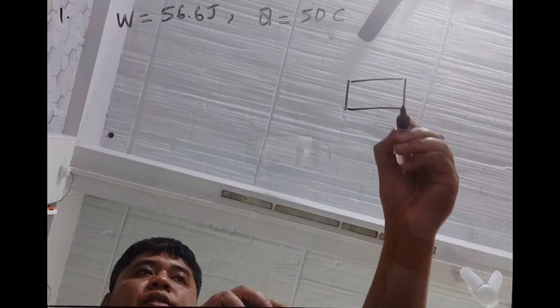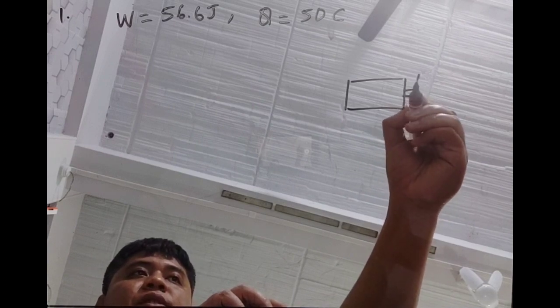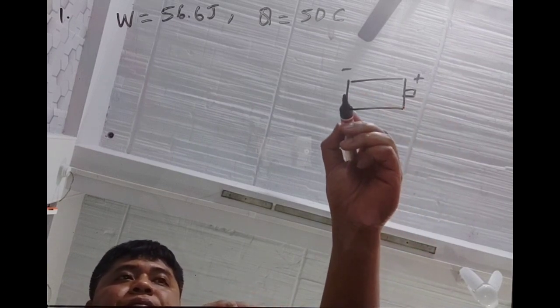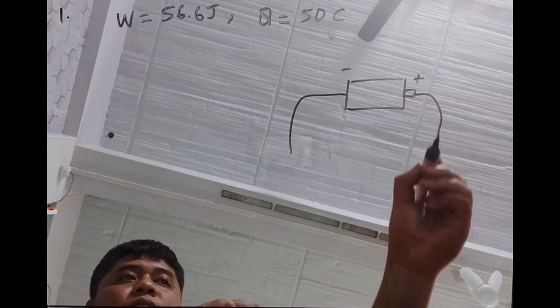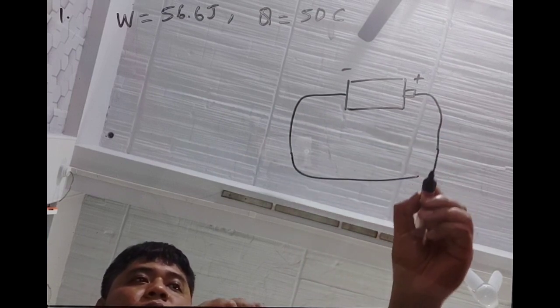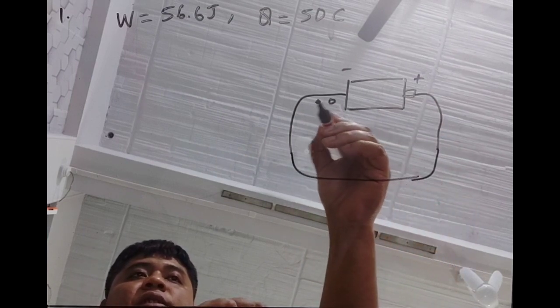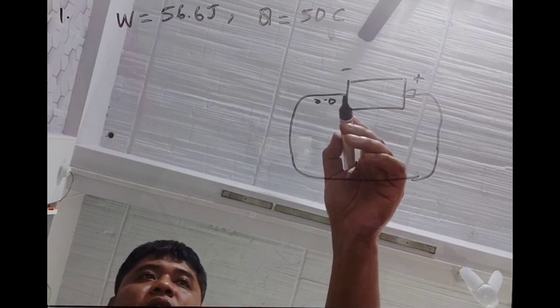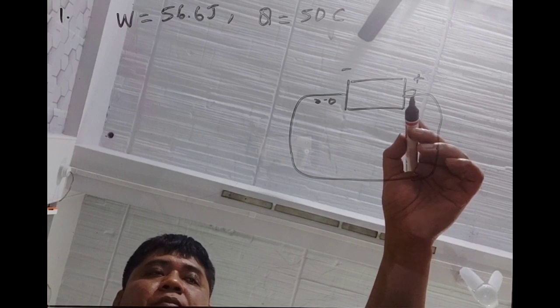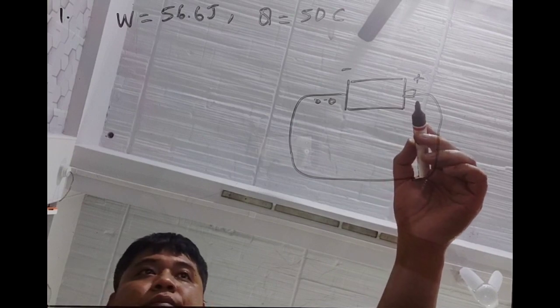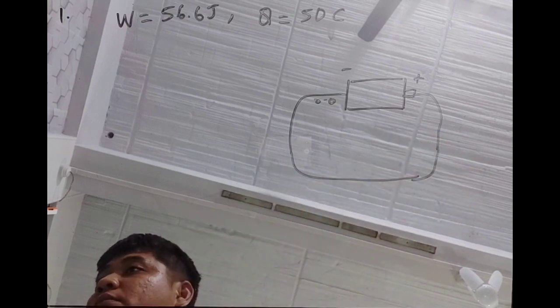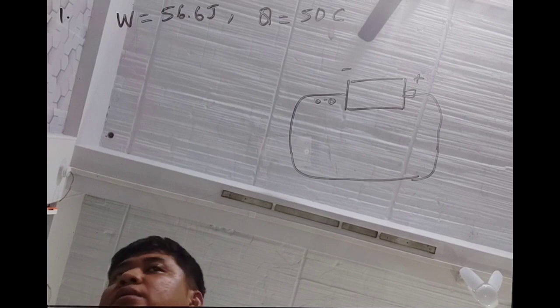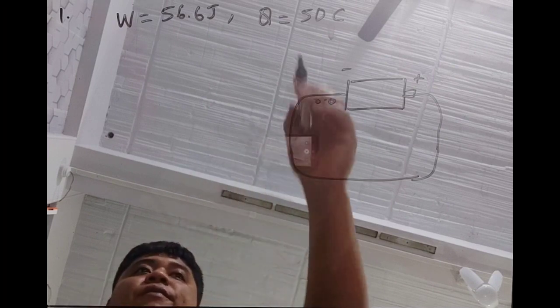Suppose this is the battery, positive, negative. Negative charges are transferred from negative pole to positive pole. Here the amount of charge transferred is 50 coulomb.